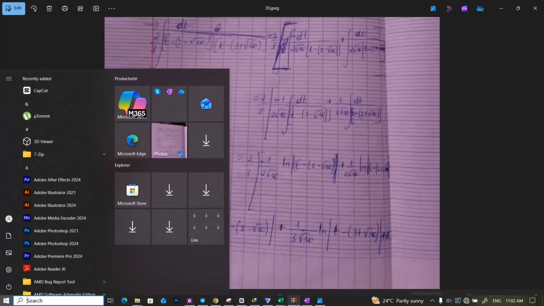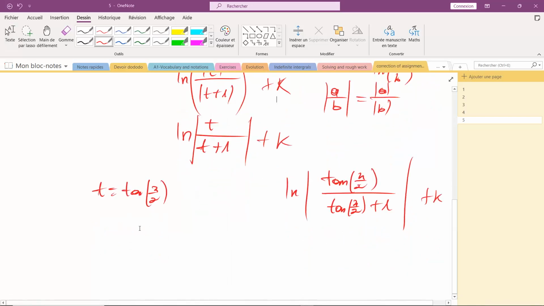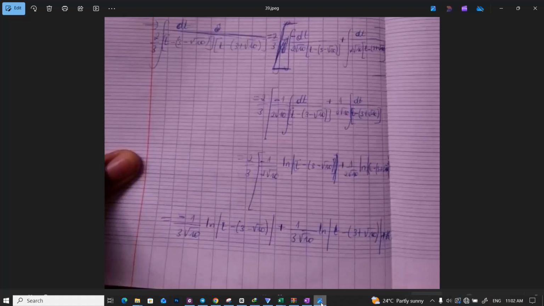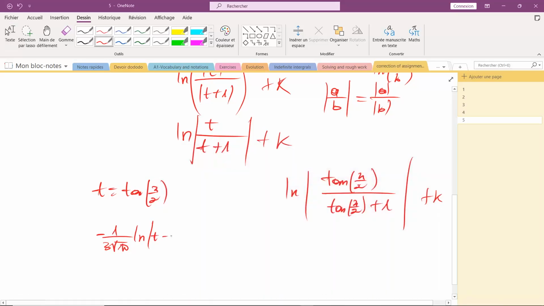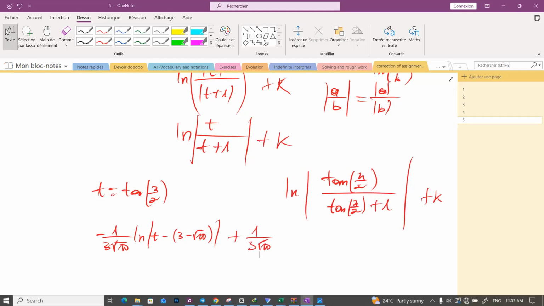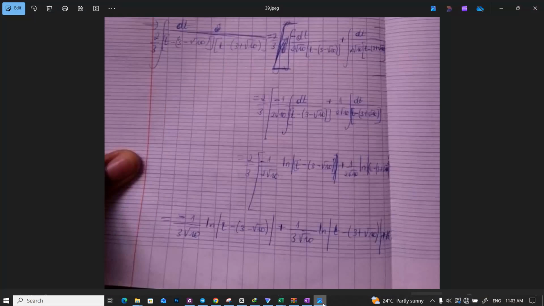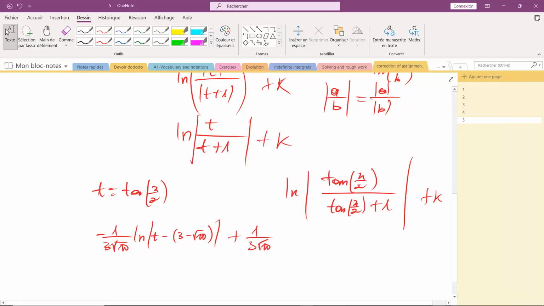That gives you minus 1 on 3 root 10 ln of the absolute value of t minus 3 root 10, plus 1 on 3 root 10 ln of the absolute value of t plus 3 plus root 10, plus our constant of integration.